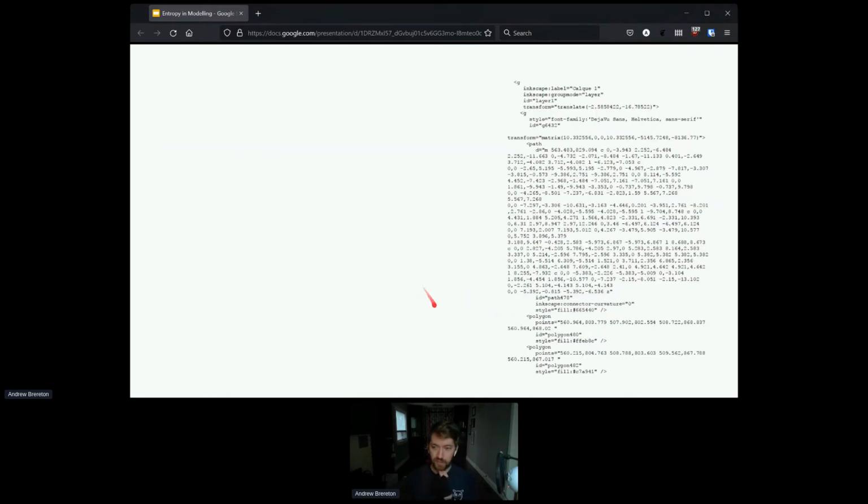So here on the screen, I'm displaying another microstate, basically. Does anybody want to take a stab at guessing what this is?